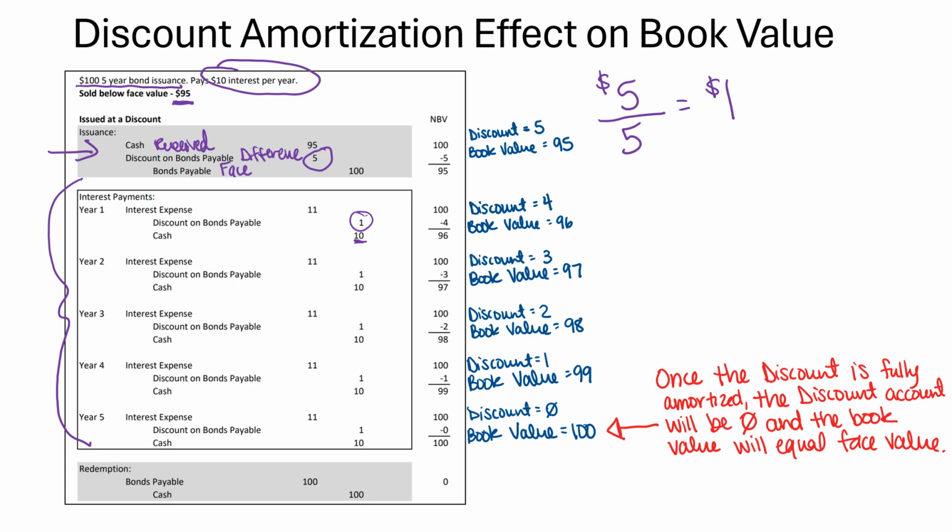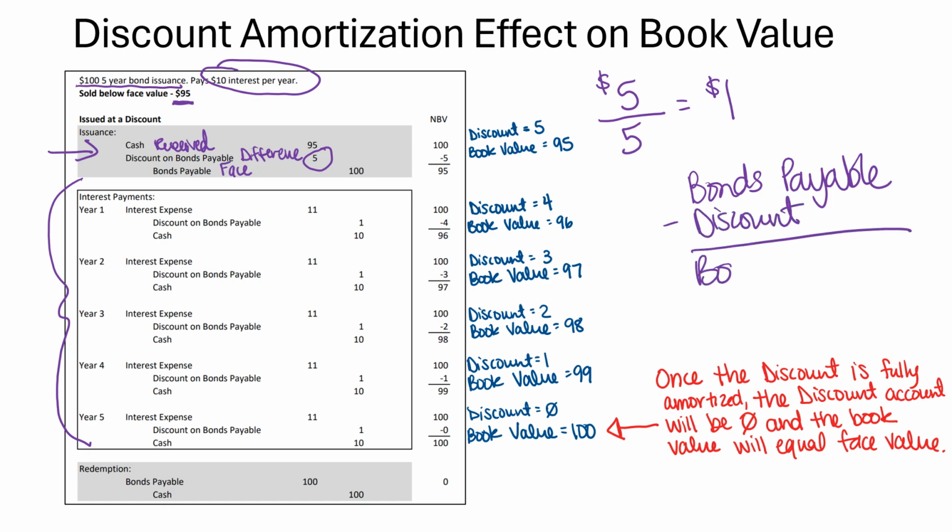So now talking about the book value. Remember, book value is bonds payable minus the discount. That gives you the book value, which is also called the carrying value, either way.